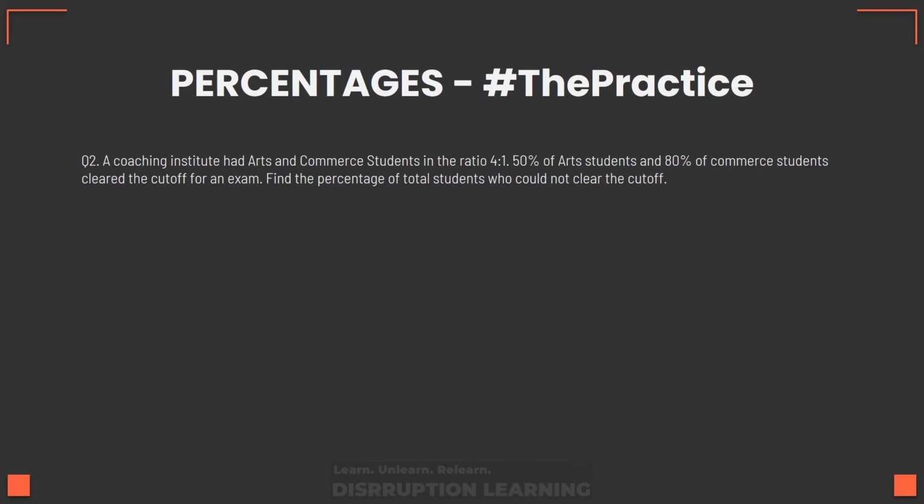A coaching institute had arts and commerce students in the ratio of 4:1. 50% of arts students and 80% of commerce students cleared the cutoff for an exam. Find the percentage of total students who could not clear the cutoff.